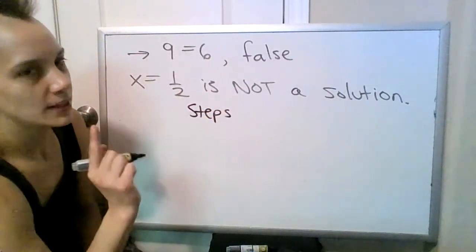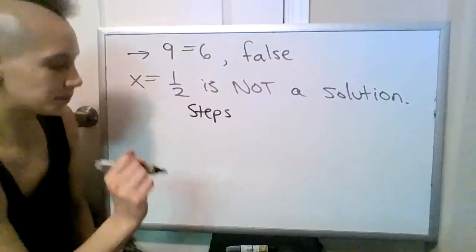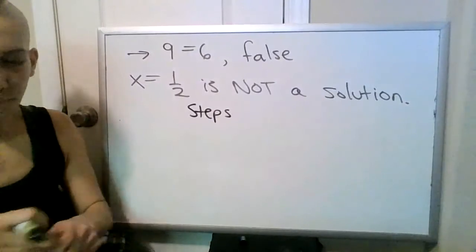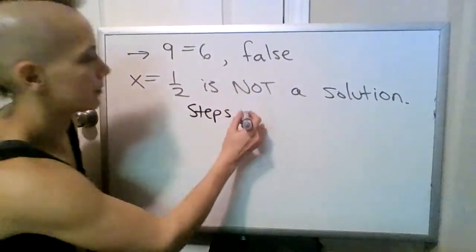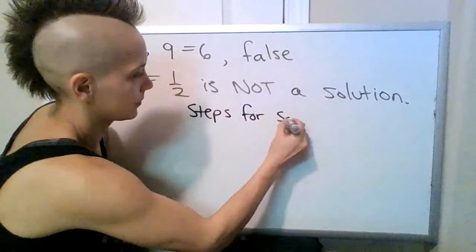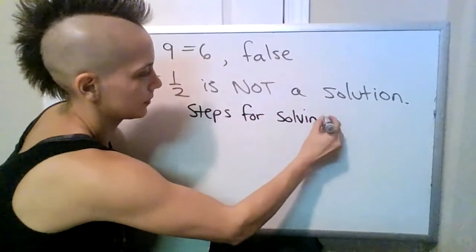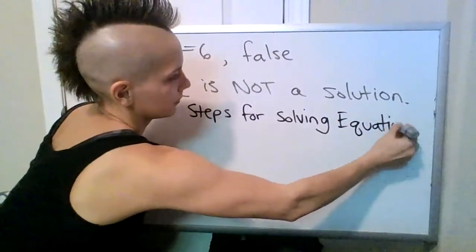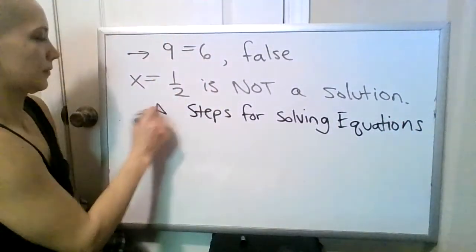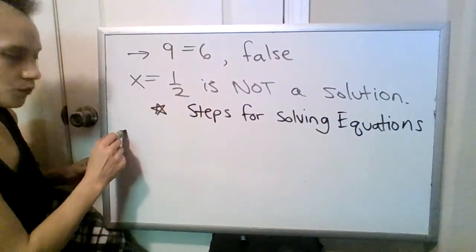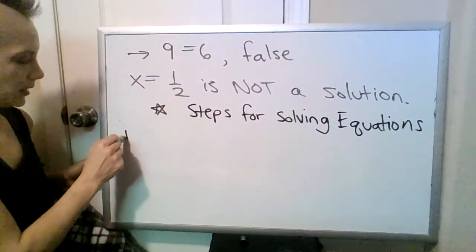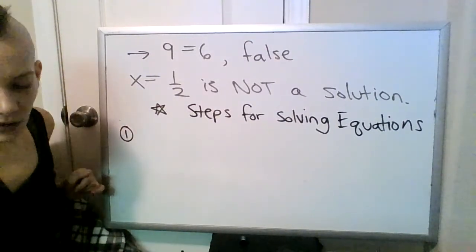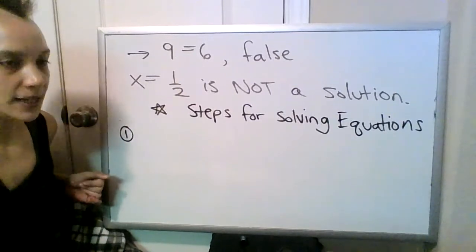Now we want to talk about steps to solving equations. Let's label them. Step 1 is to use the distributive property if you need to.